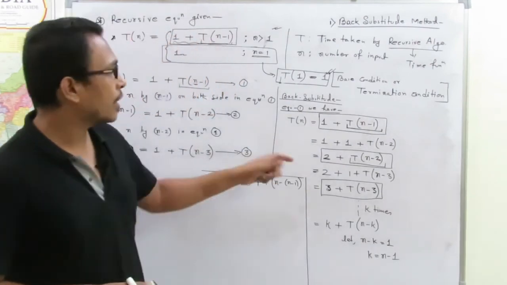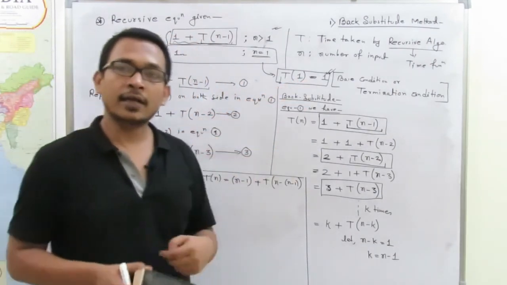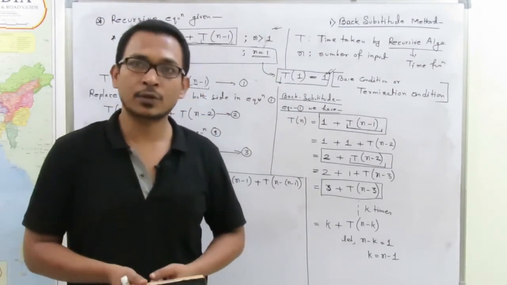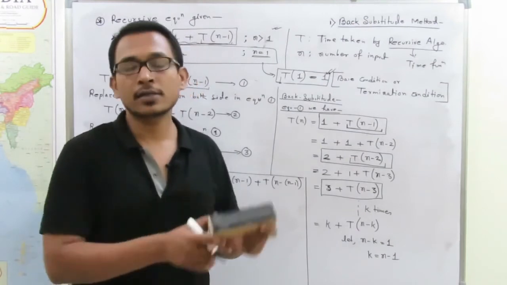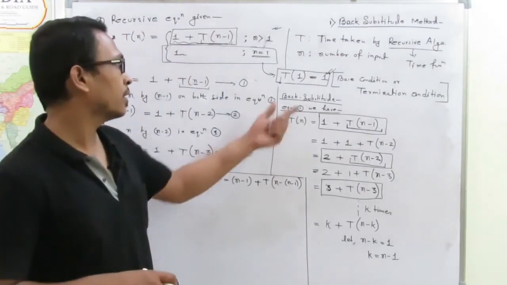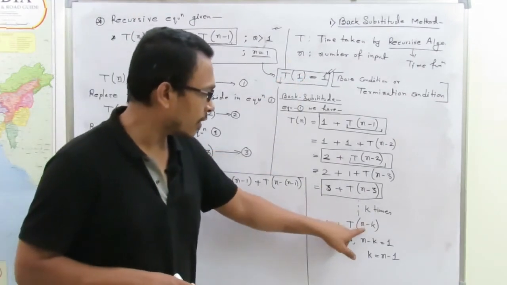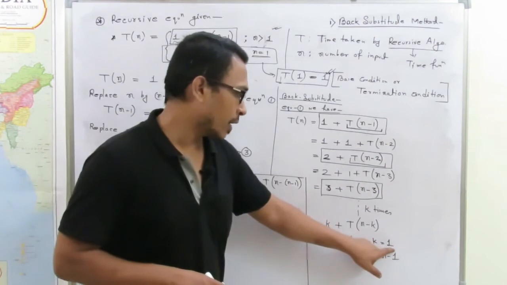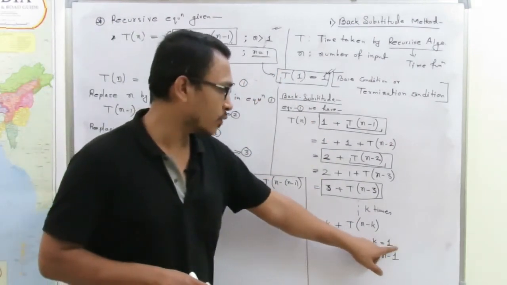If we are not able to reach t of 1, then if we apply back substitution again, the function t arises again. Why? Because this is a recursive function. So we have to reach this t of 1, and because of that we assume that n minus k is 1.